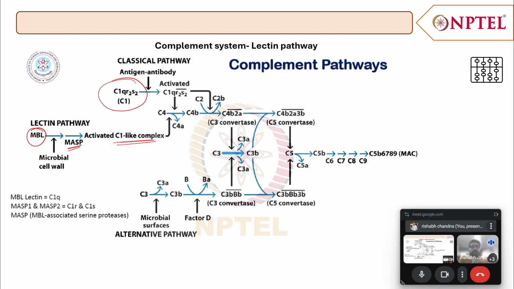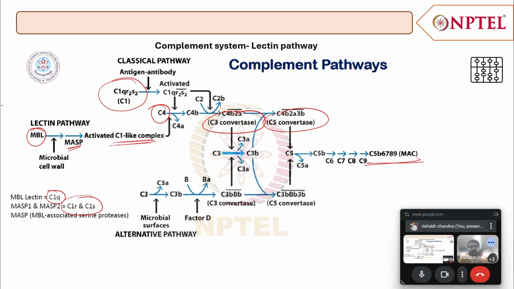So we have the MBL lectin as the C1q, then MASP1 and MASP2, serine proteases 1 and 2, are C1r and C1s, like in the classical pathway of the complement system. And then this leads to the conversion of C4 to C4b and C4a, and C2 to C2a and C2b, for the formation of the C3 convertase, then the C5 convertase, and then the membrane attack complex.